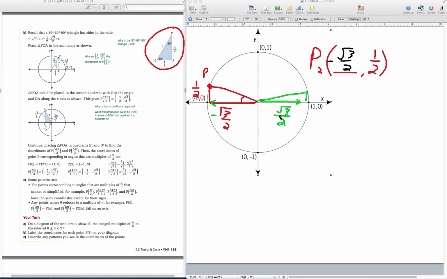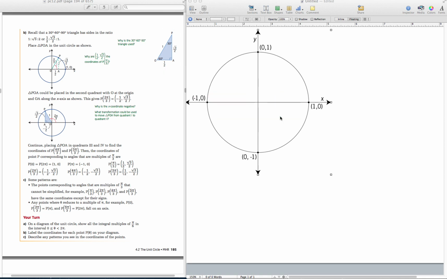It would be the same process if you go around to the rest of the unit circles. So let's take a quick jump into some of those other ones, and I'll do those quickly. So if I had pi over 6 here, so this distance here is going to be pi over 6. What would that coordinate for P be? Well, this coordinate for P is going to be the same thing. This is still going to be a half.